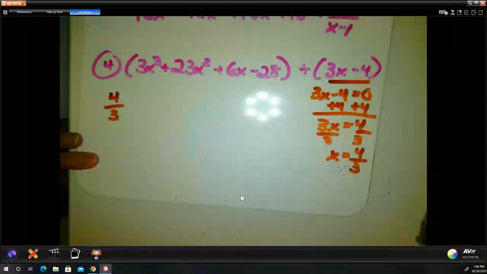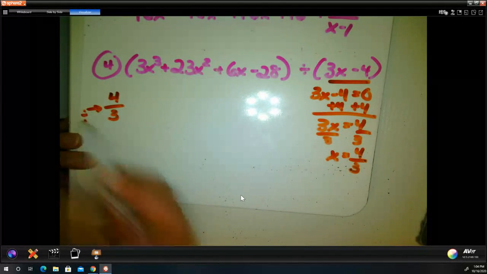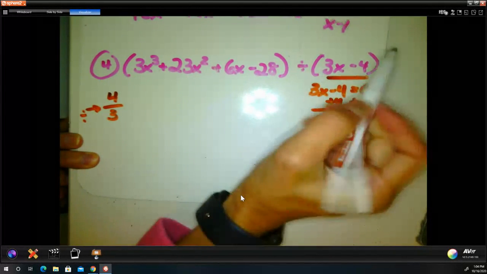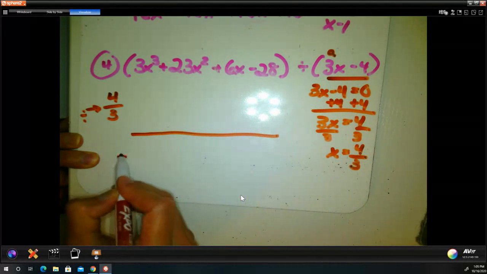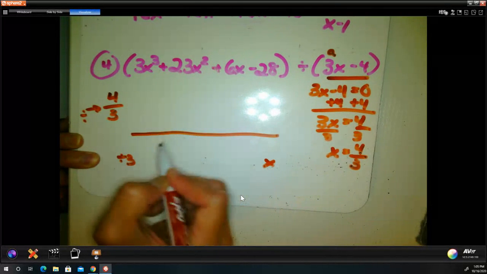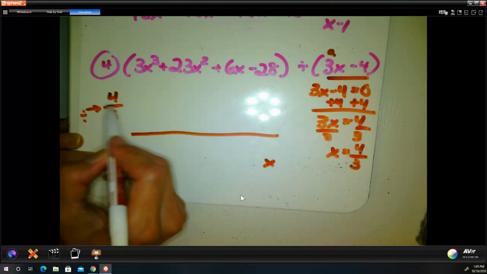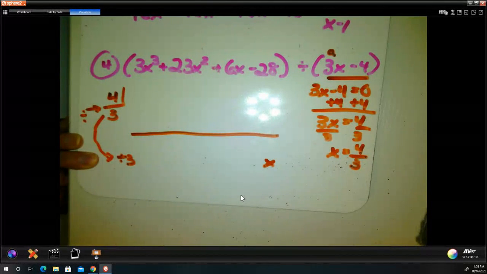However, I know students and I know adults, and most of us don't like fractions. So remember, this fraction is just saying divide. That's the a that I'm talking about here. So when I draw my line, I'm going to divide by 3, except for the last one, before I move it up. Other than that, it's the same. So I'm going to keep that 4 in the box and move the divide 3 to here.